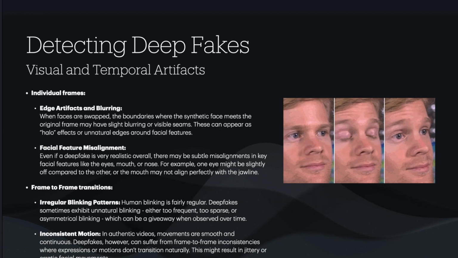Others are facial feature misalignment, where if the swap is not proper, you would see some kind of misalignment. In frame to frame transition, you may see irregular blinking patterns, or inconsistent motion in the video itself.